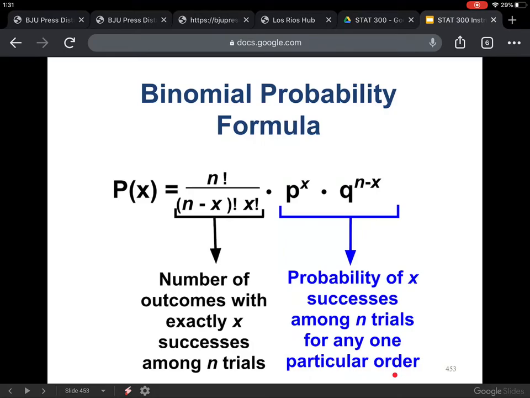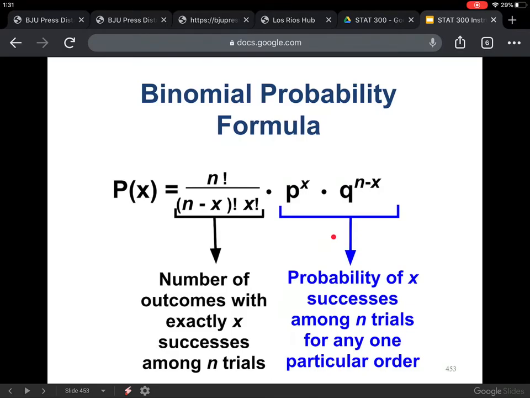I know that's a mouthful. The number of successes can be in a certain order among the n trials. And so for any one particular order, this is the probability of getting x successes. I hope that's a little bit more helpful.